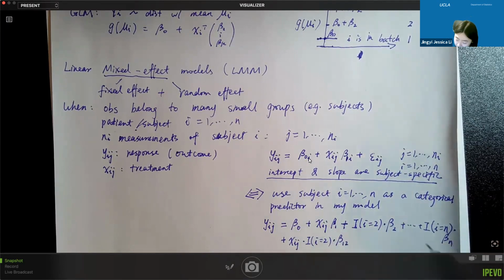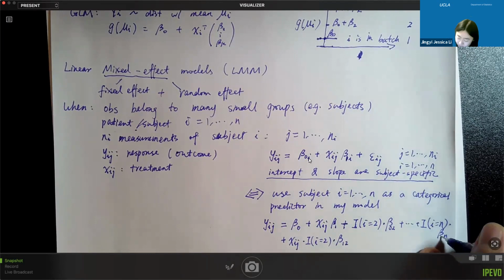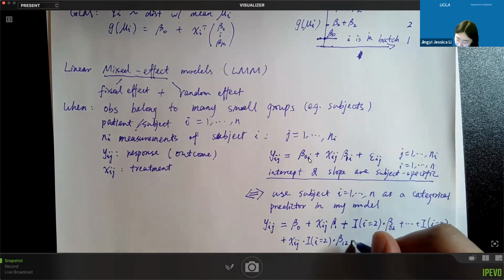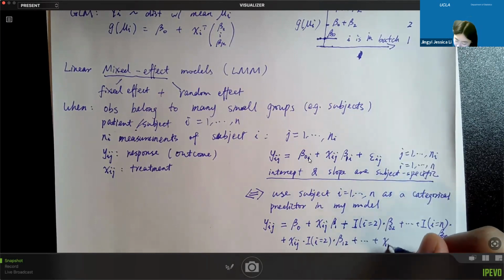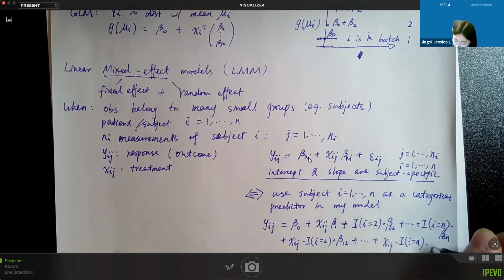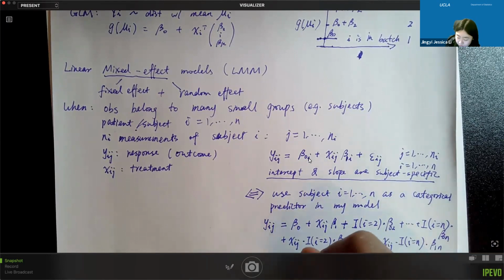And probably I call this beta 02, beta 0m, you see. And then plus xij times the indicator that i equals m times beta 1m. And then finally, the error term for sure.